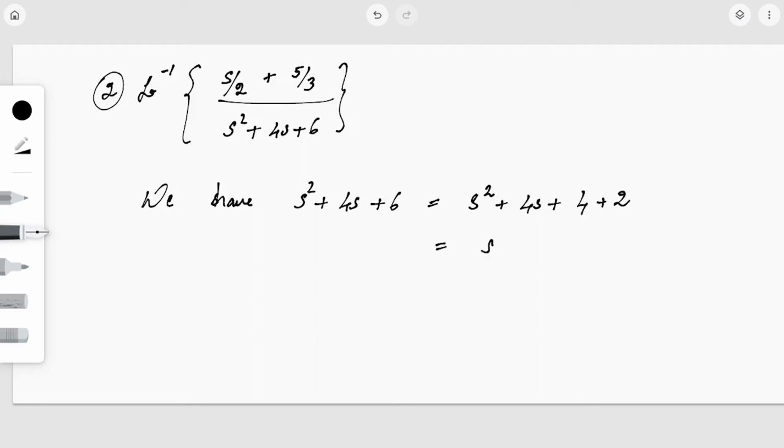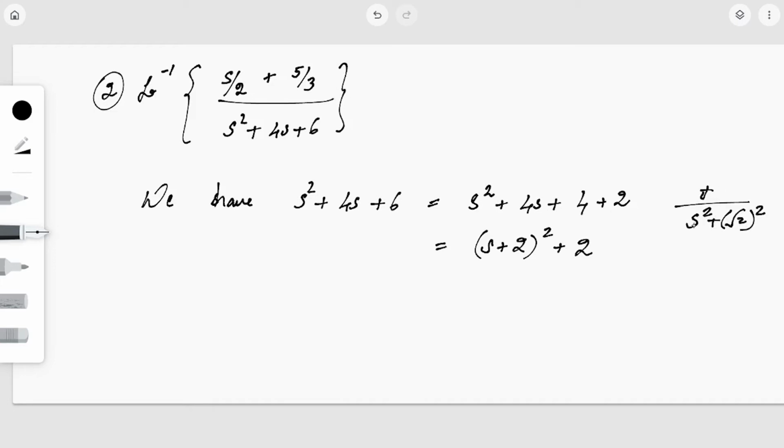So this is nothing but s plus 2 whole square plus 2, right? So the denominator is actually s plus 2 whole square plus 2, or it is like 1 by some function s by s square plus say root 2 square, right? So the Laplace inverse will be either cos or sine depending upon the numerator.